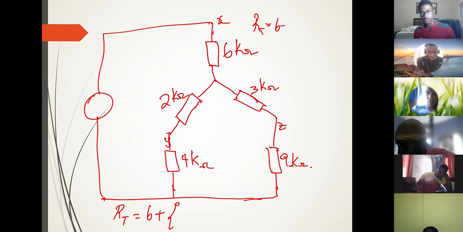plus, curly bracket 2K plus 4K. I have a problem with that. Anybody want to correct it? Sir, 2K in series with 4K. No, tell me exactly what to write. You just asked me to open a bracket. What next do I write?